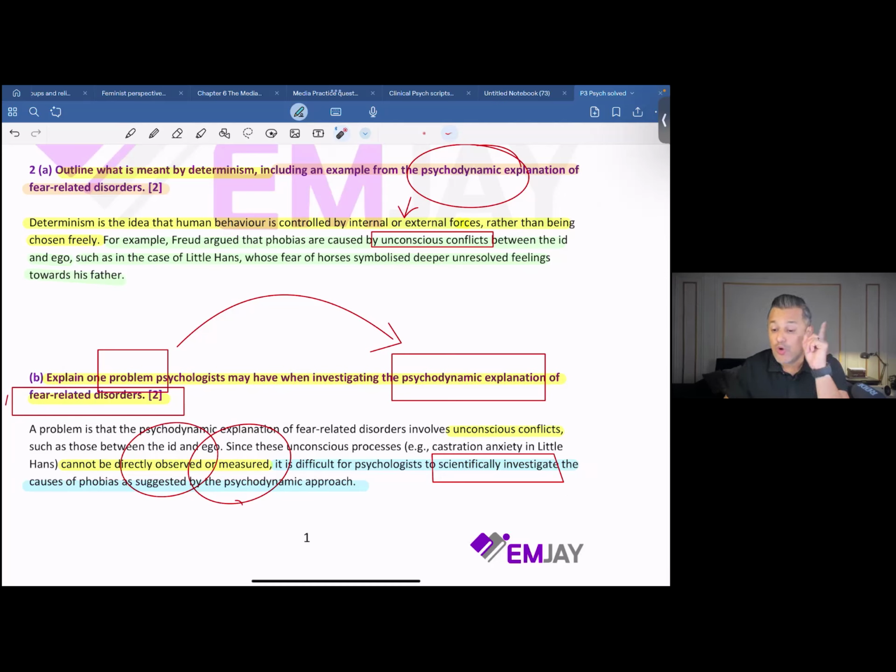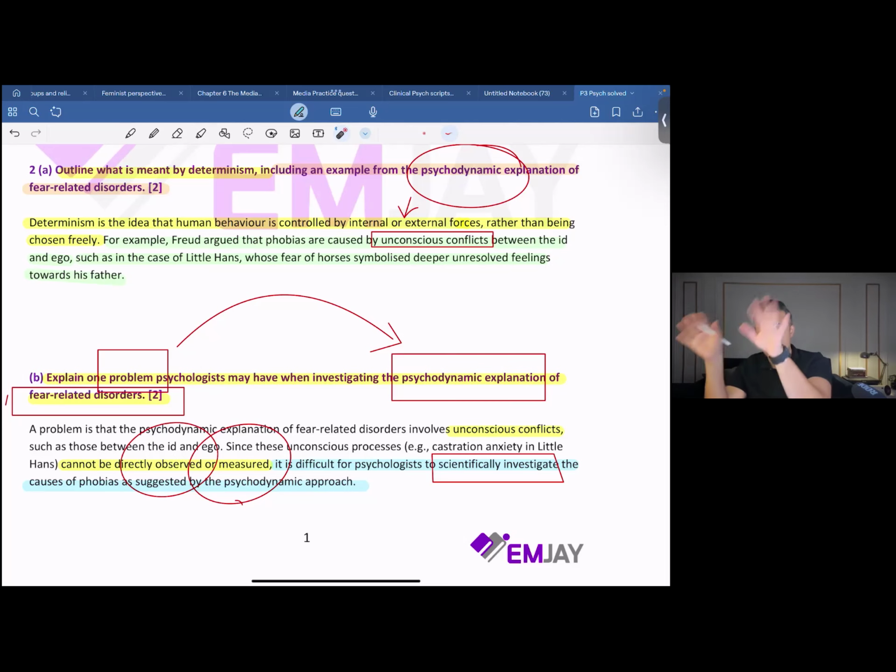Because number one, you identified the problem. You not only identified the problem from the psychodynamic approach, but you also linked that identification process with fear related disorders. That's how you get the first mark. The second mark, when you explained the issue, where you very clearly contextualized it, when you put things into context.